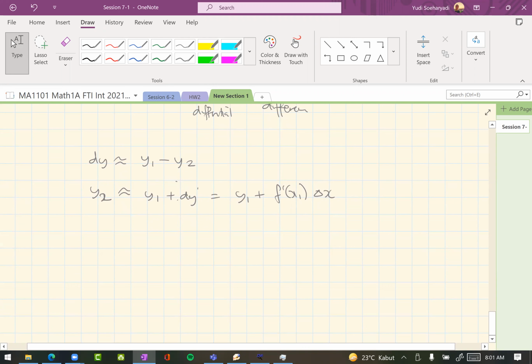All right, just one example. Let's do approximations.